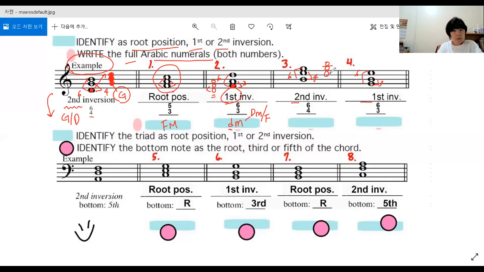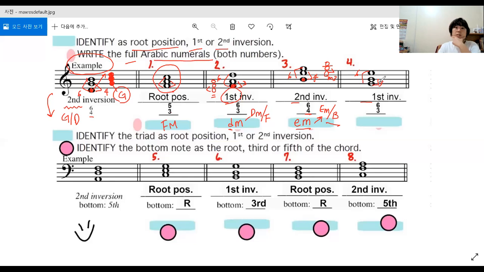E, G, B. E to G is minor third, so this is E minor, second inversion. But when you see the songbook, it's going to be E minor slash B, because this is the inversion. What is the bottom one? B. So you need to figure out the interval, then the chord's name, and then the inversion, okay? So your answer will be 3.